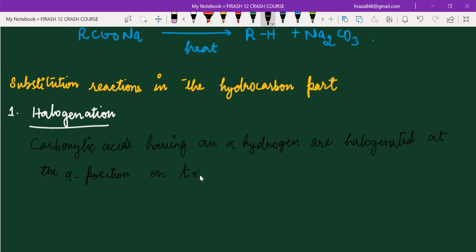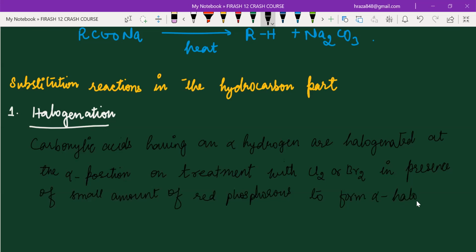On treatment with either chlorine or bromine, not iodine or fluorine, either chlorine or bromine, and the reaction will take place in the presence of a small amount of red phosphorus. It shouldn't be more. It should be a small amount of red phosphorus to form alpha halocarboxylic acid.